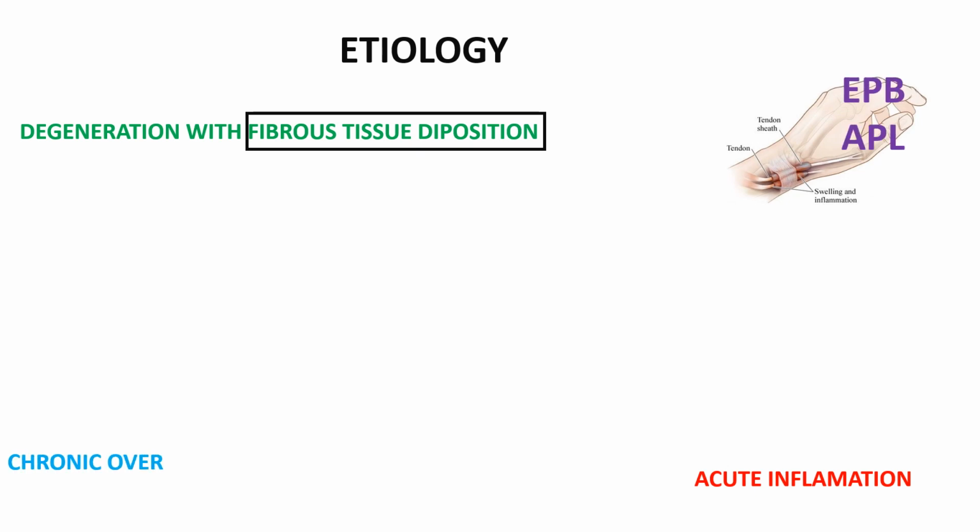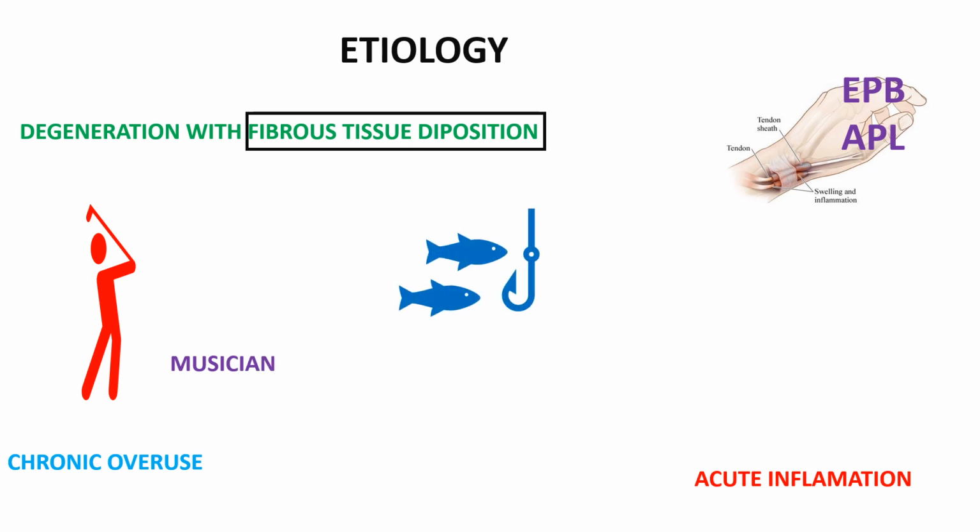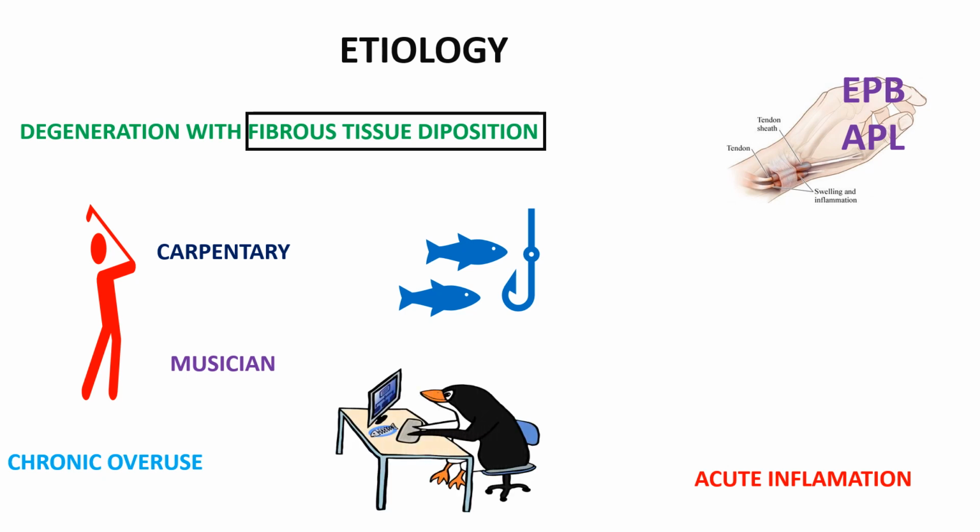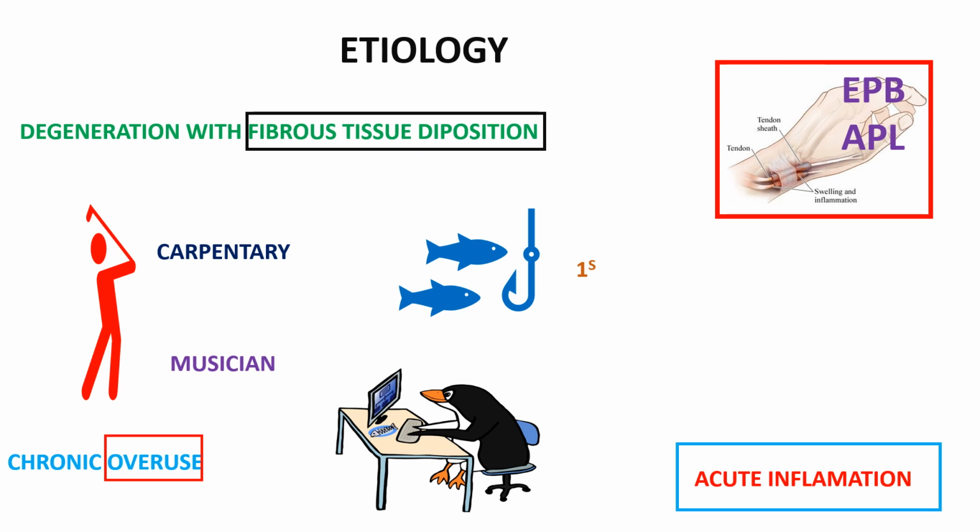The most common cause is chronic overuse, and activities like golfing, musical instrument playing like piano, fishing, carpentry work, and also office work can lead to overuse injury. This overuse leads to inflammation of the tendon and narrows the first dorsal compartment, and causes limitation of the motion of the tendon.